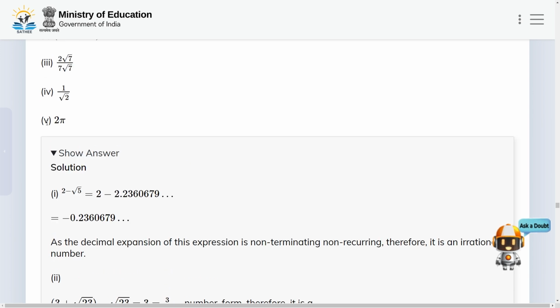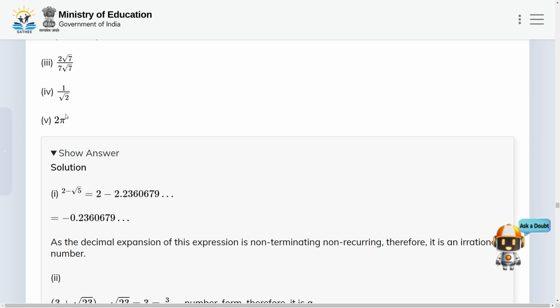Now let us check the fifth one. In the fifth one, we have 2 times pi. We have studied in our previous lecture that pi is an irrational number. So 2 times pi is also an irrational number.